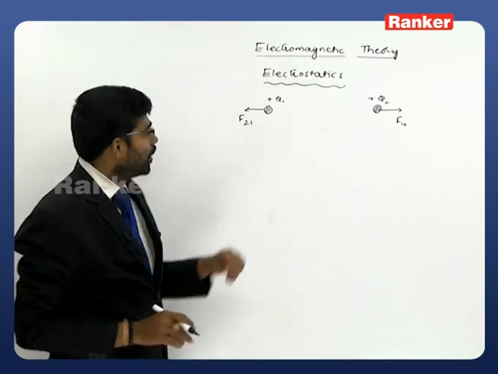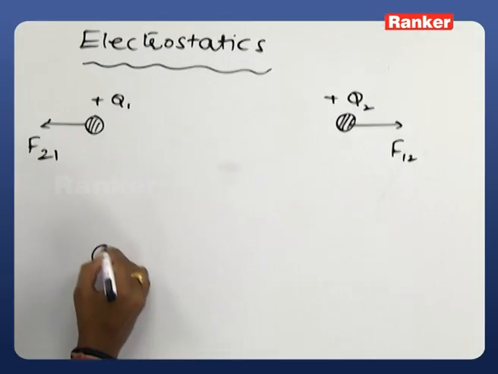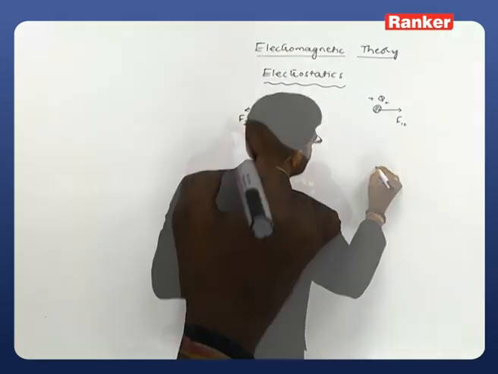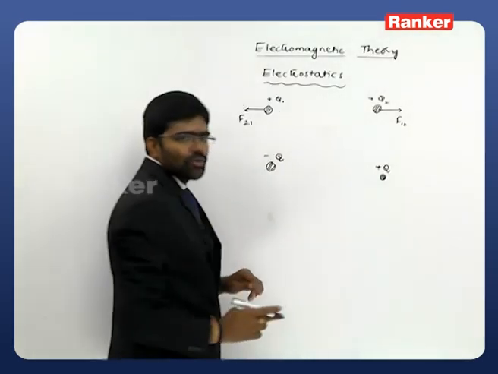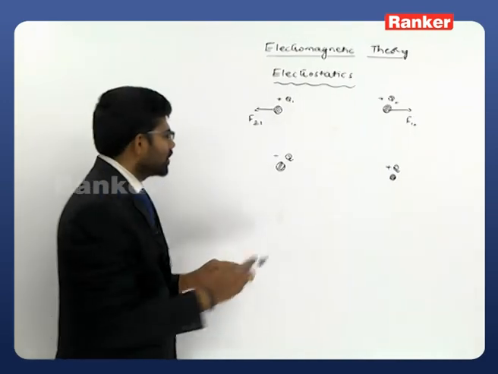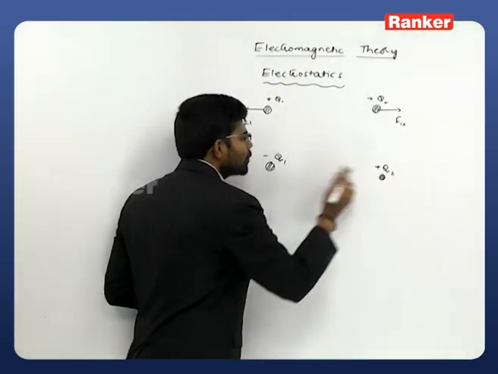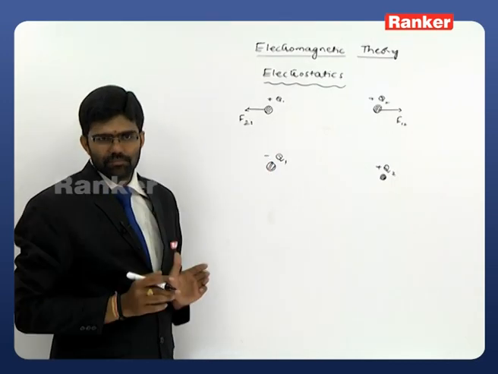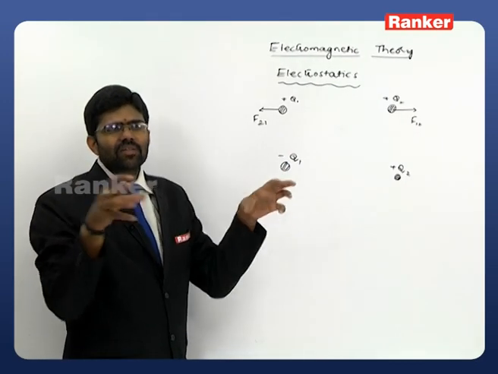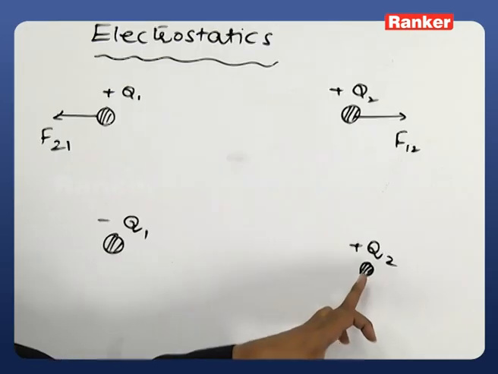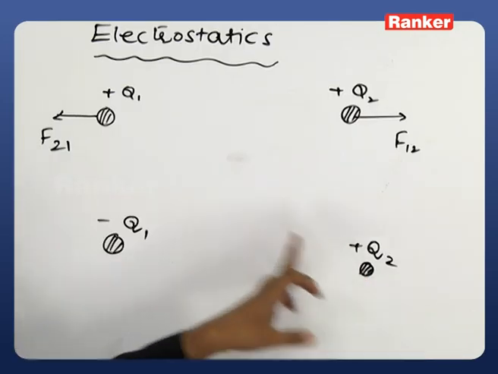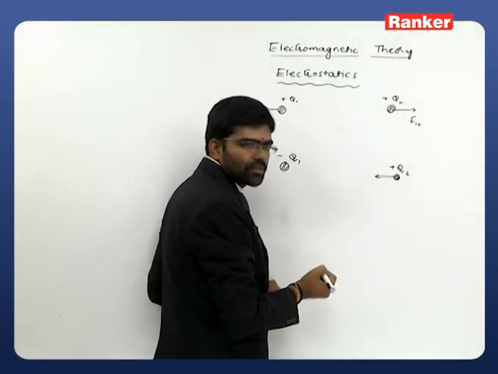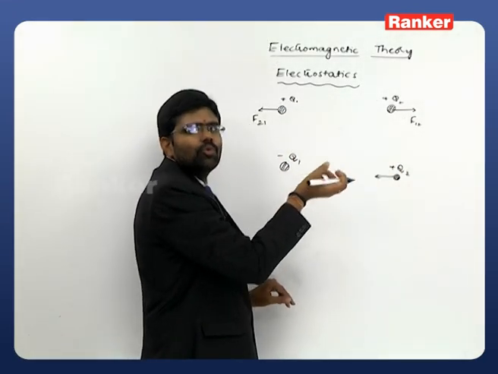In the same way, if we consider two opposite charges, let us take this as minus q and this as plus q, two different charges q1 and q2 with opposite polarity, then there will be a force of attraction between them. Whenever the force is calculated at charge q2 because of q1, it is an attractive force, that is, it attracts q2 towards it.